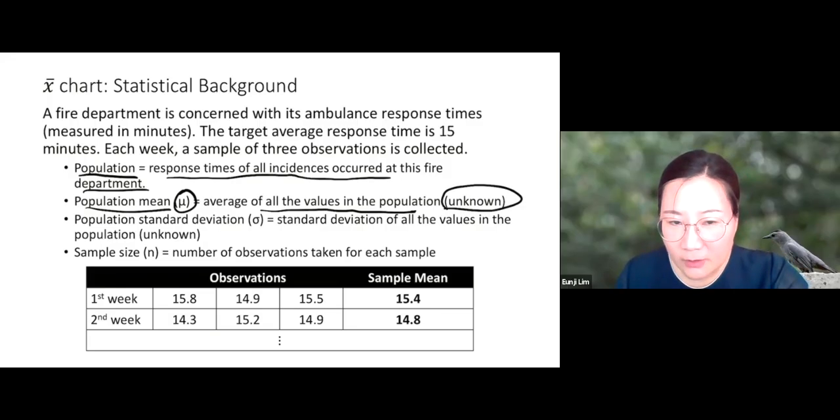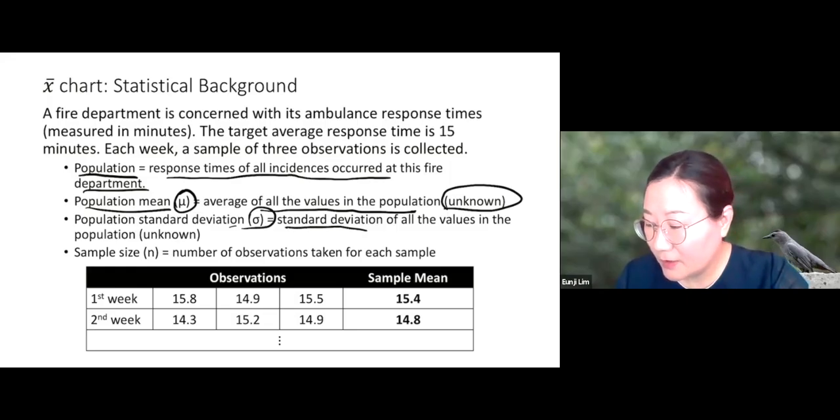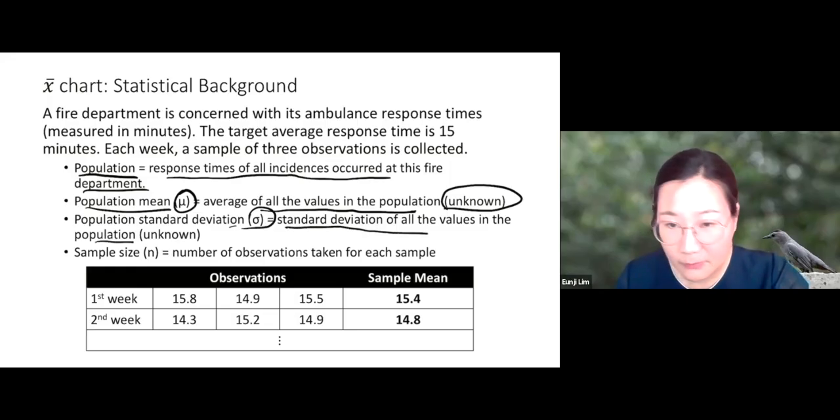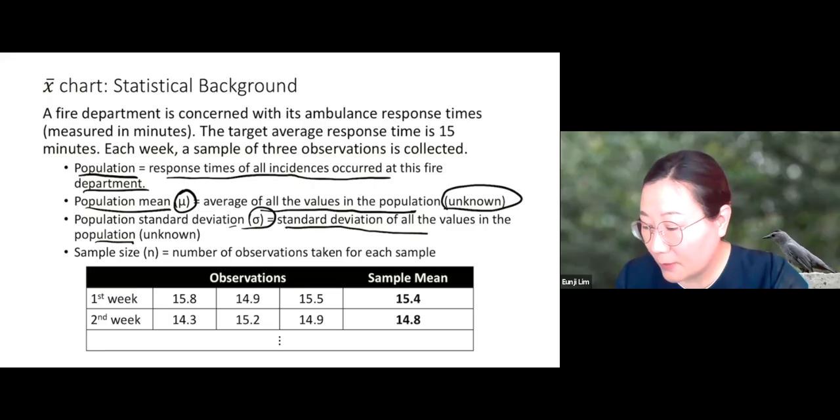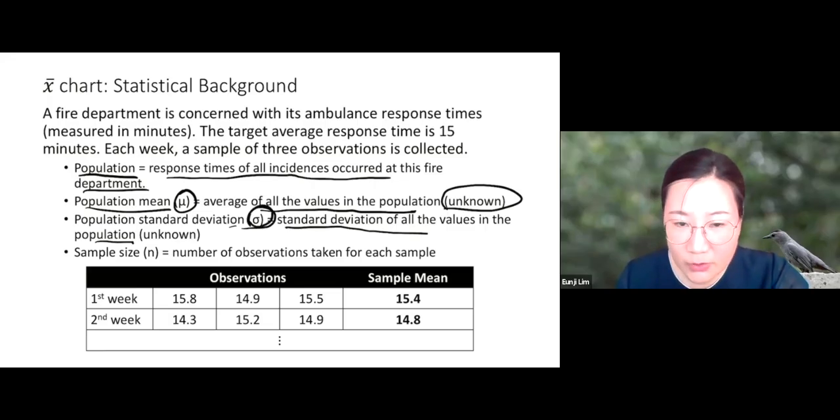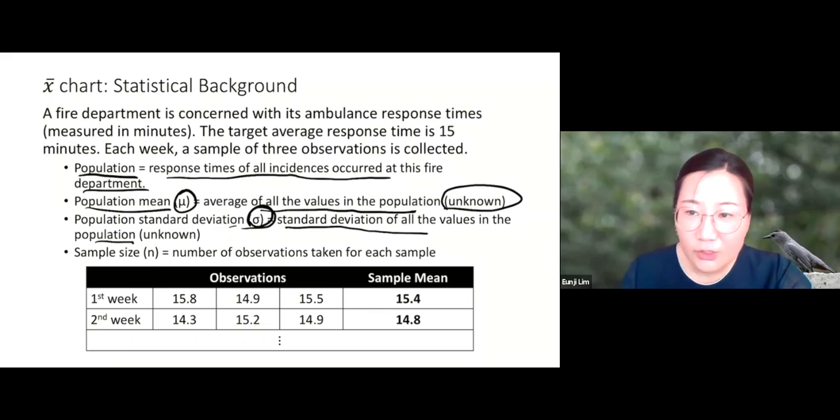Next, we have a term called the population standard deviation. This is denoted by sigma, and this is the standard deviation of all the values in the population. Is this quantity known to us? No, because to compute the population standard deviation, you need to compute the standard deviation of all the values in the population, but we don't know all the values in the population.